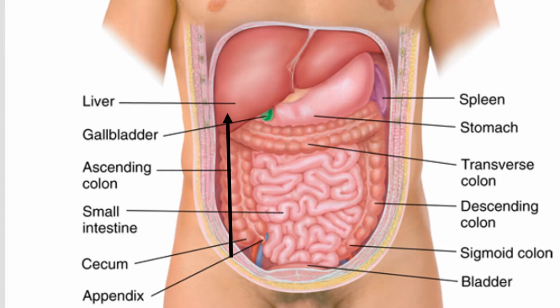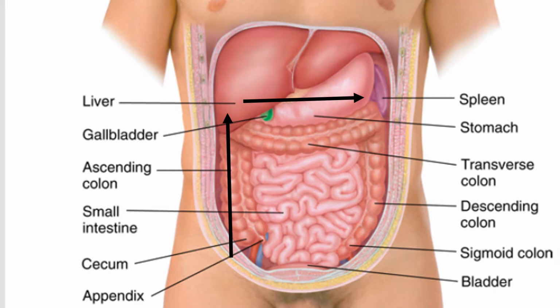Then I go across with where the transverse colon is, and I think about what organs are at the top that sit on top of the stomach or the transverse colon. And first, the liver and the gallbladder work together, so they're very close together. And you can see where the gallbladder is right there and hangs a little bit below the liver and nestles on top of the stomach.